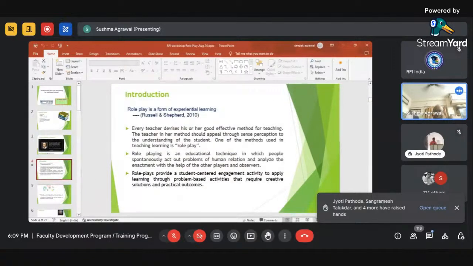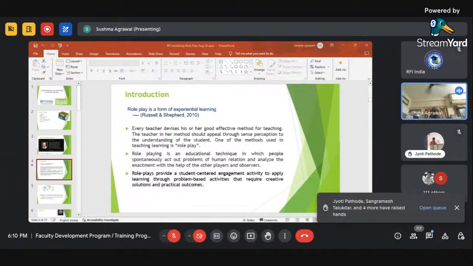So ultimately, extending to it, what is role play? In very short, in the words of Russell and Stafford, we can say that it is a form of experiential learning. Experiential learning means the students are asked to perform various tasks. They get inside the role of someone else, and finally they act accordingly.